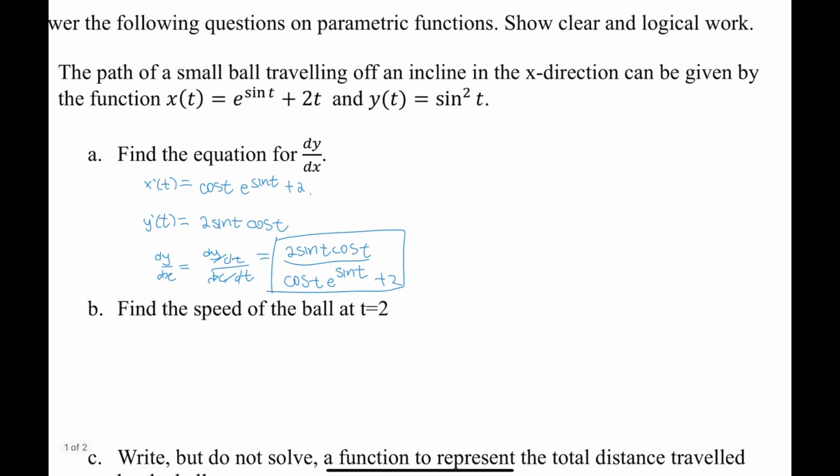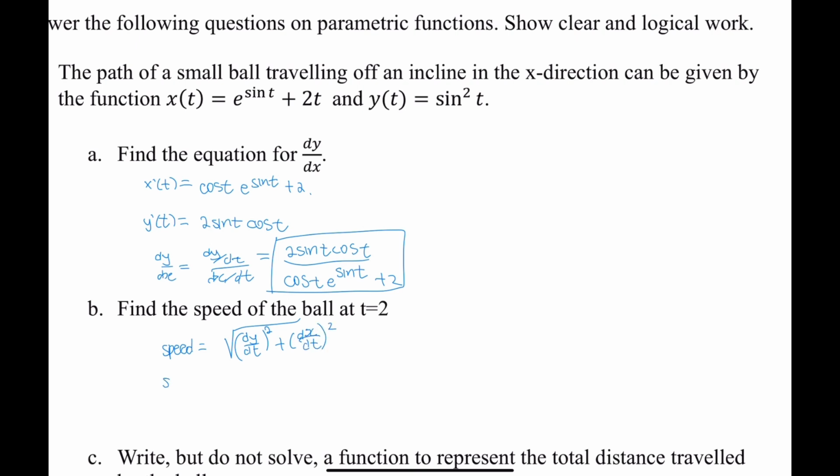And then it says find the speed of the ball at t equals 2. So speed of the ball can be given by the equation speed equals root of dy over dt to the power of 2 plus dx over dt to the power of 2, right?